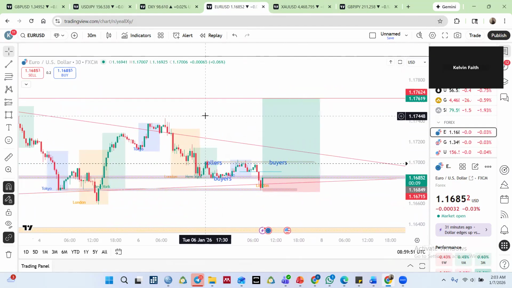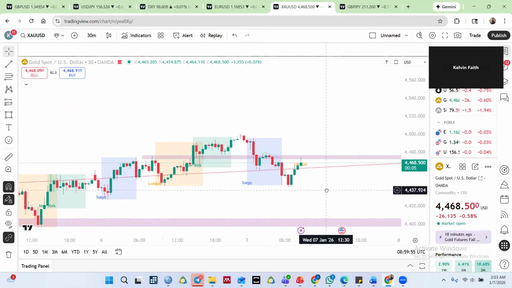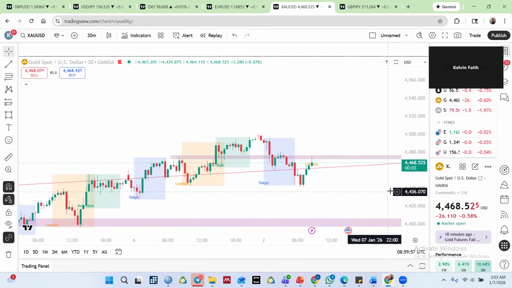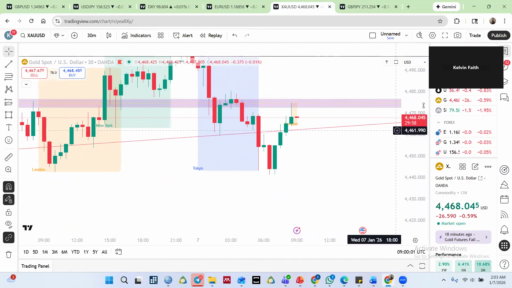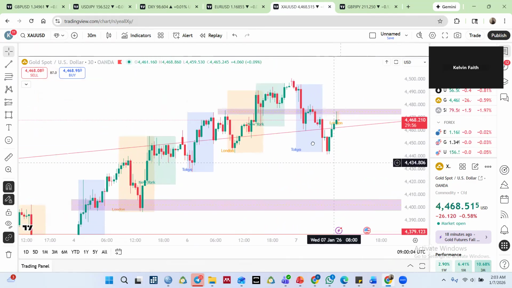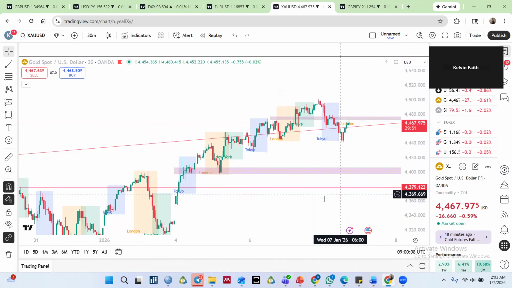Euro USD, I want to be buying. GBP USD, I want to be buying. I want to be seeing the dollar index dropping. I want to expect gold to drop down into this zone here, and then I'll be looking for buys on gold too.